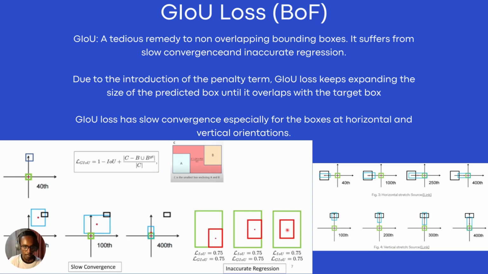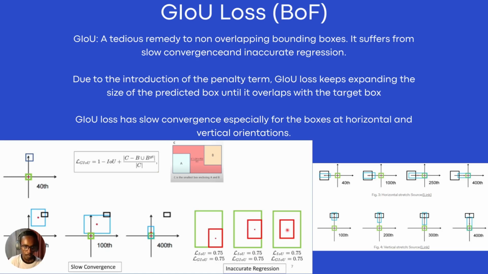As we can see from the image on the left side, the green indicates the ground truth bounding box, the blue box indicates the predicted bounding box, and the black box is the anchor box.